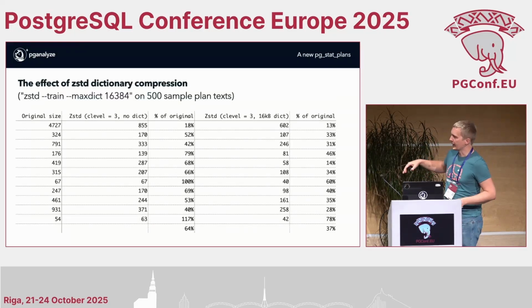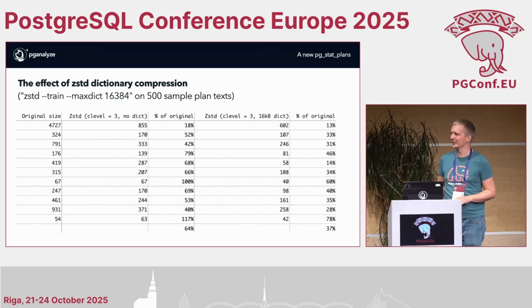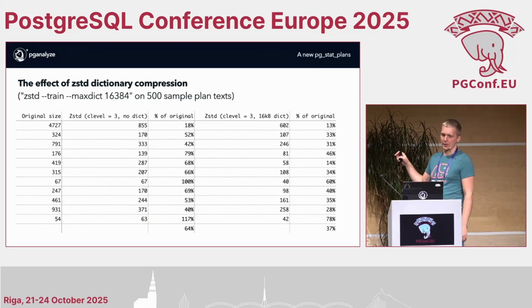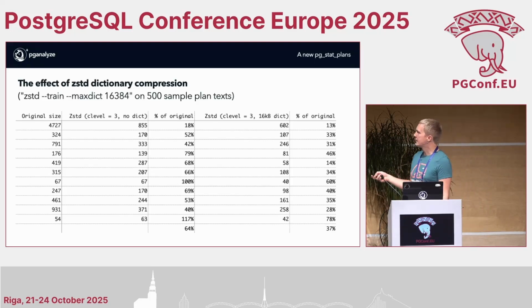This is probably hard to read here. I already posted the slides on the PGConf schedule, so if you want to look at this, feel free to look there. But the point is just, this was a more thorough comparison of a couple of sizes, where this is a 16 kilobyte dictionary. And you can see the one thing I want to point out here is if we don't use a dictionary with Zstandard, and we have an original plain text that's very small, 50 bytes, it actually becomes larger in some cases because compression actually makes it worse.